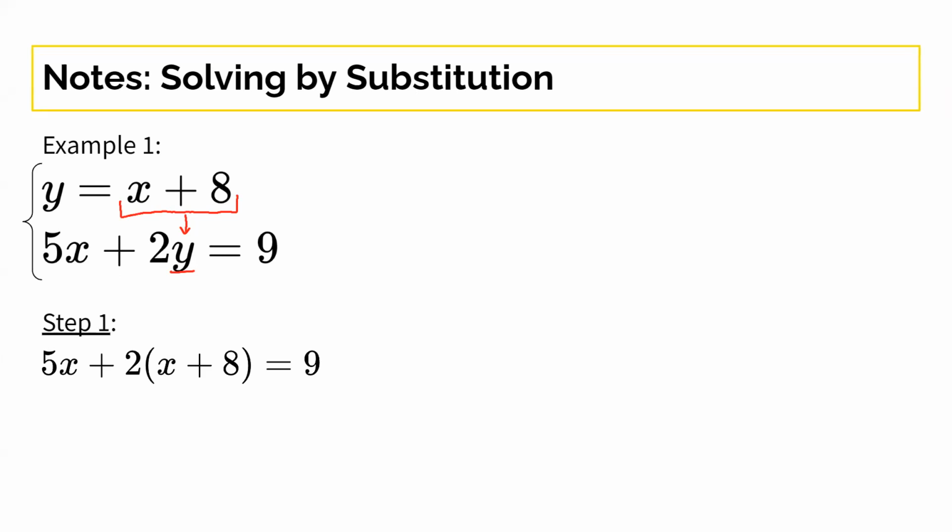Our second step is to take this equation that now only has x's in it and solve for x. When I look at that equation, the very first thing that I see is parentheses. And we learned that in order to undo parentheses, we have to distribute.